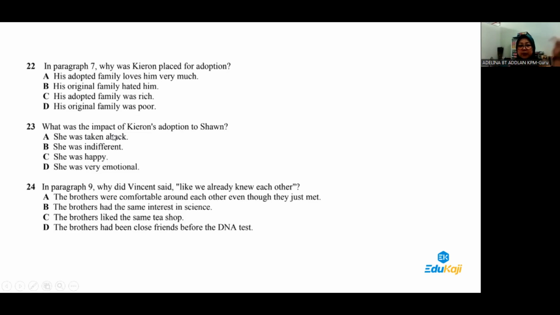So meaning that from the first paragraph right up to the 7th paragraph, there must be a situation where an impact to the children is being shown clearly from any one of the paragraphs. Okay, question number 24. It goes back again, referring to paragraph 9, but this time around, you are given a phrase for you to refer to in order for you to get the answer.